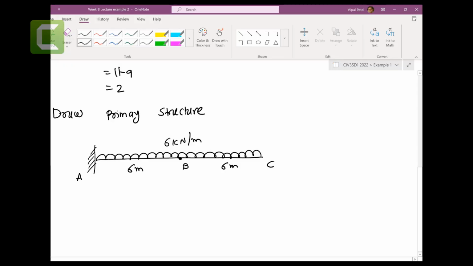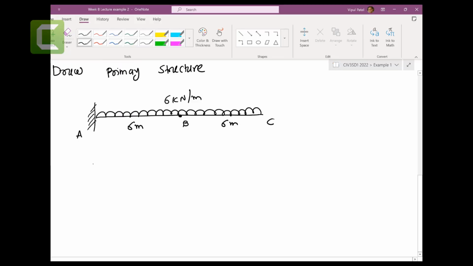When I remove this one, then the structure becomes, not, by the way, not like this. You have a horizontal line here, and then you just get this point.